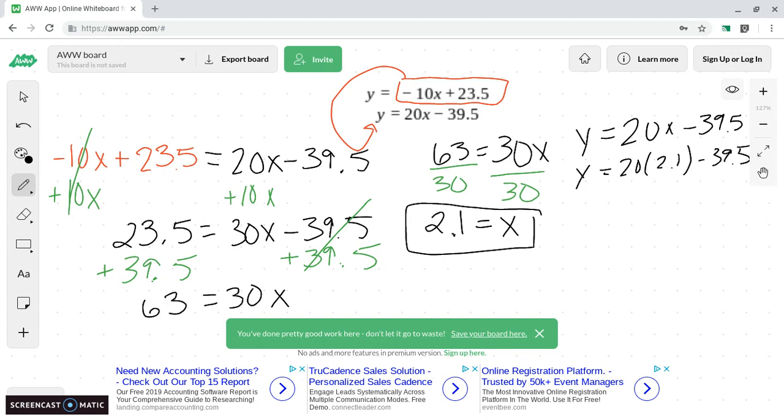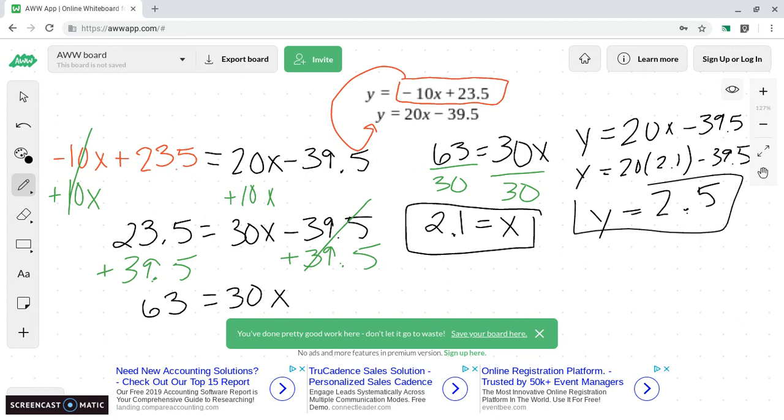We can actually type this whole thing into our calculator. So 20 times 2.1, we type it with the parentheses, and we're going to subtract the 39.5. And we get y equals a positive 2.5.